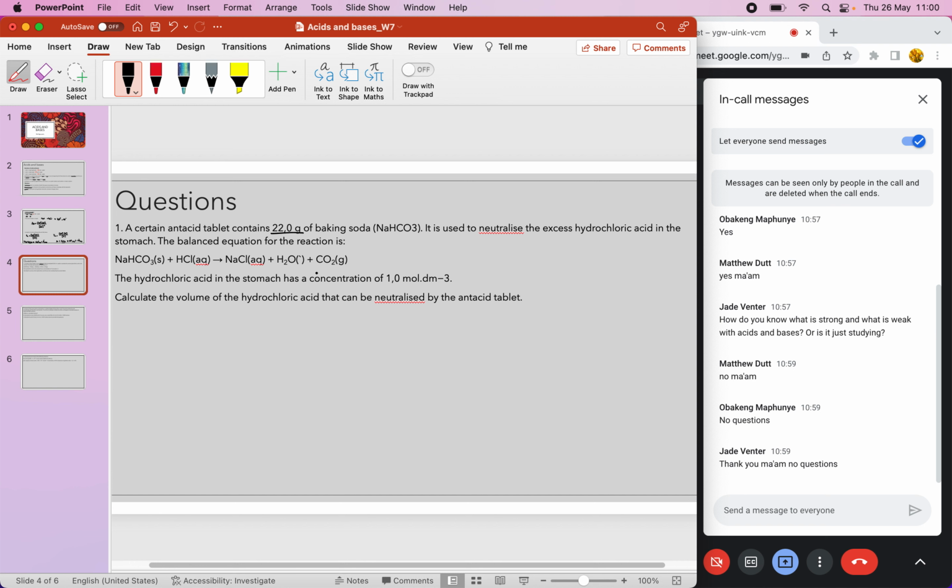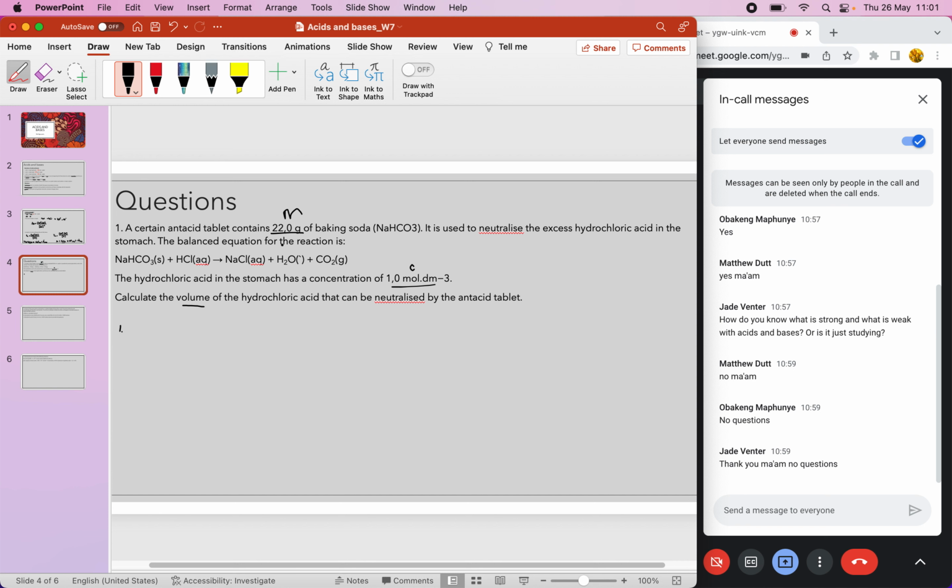We're given the mass of the baking soda, and we're given the concentration of HCl. And we're asked to calculate the volume of hydrochloric acid. So what is the first thing that you can do in this case?